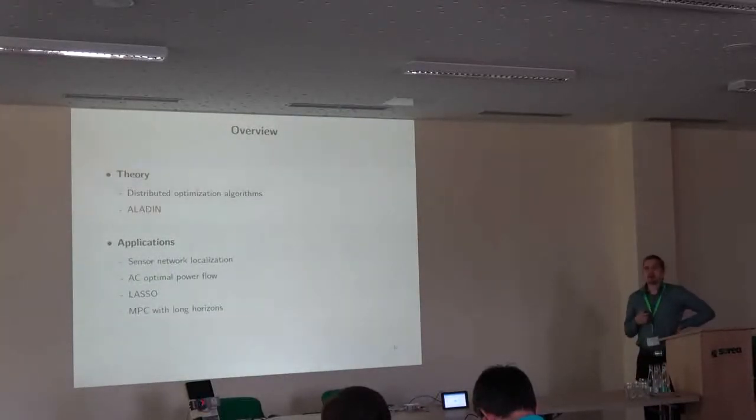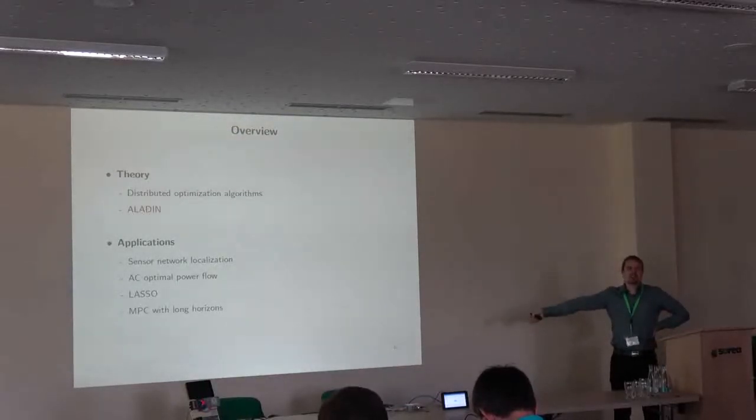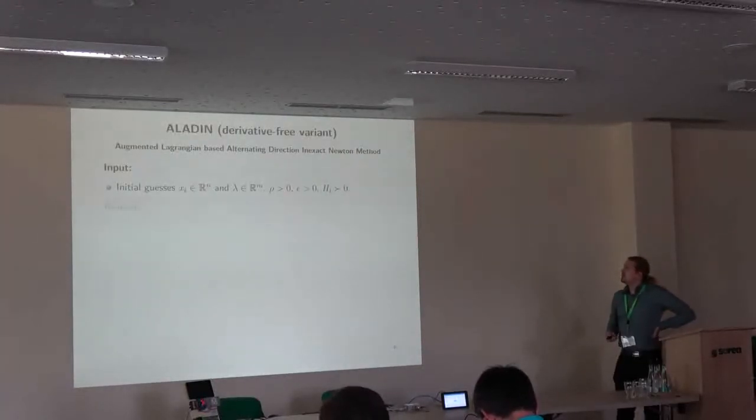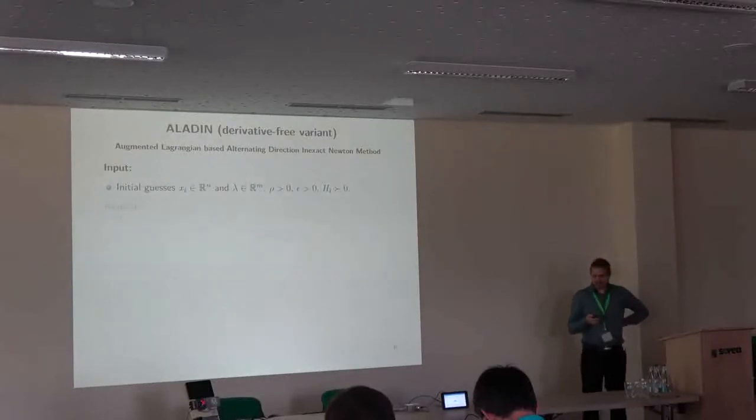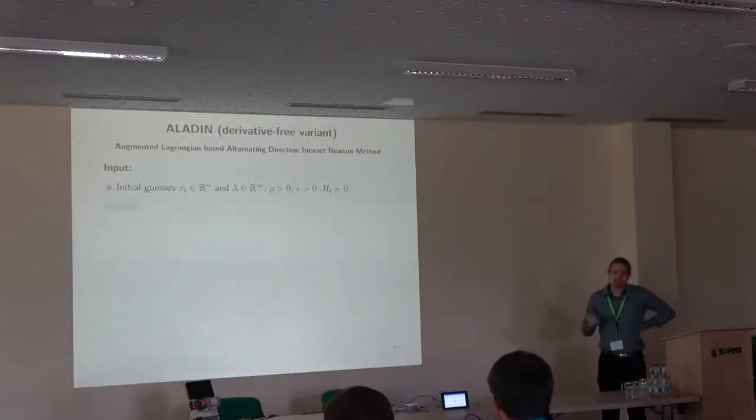This brings me to the second part, which is the core part of this talk today. All the things in the theory we will talk about are on the next slide. If you got the next slide, you probably got most of the talk. Actually, Aladin stands for an algorithm called the augmented Lagrangian-based alternating direction inexact Newton method.